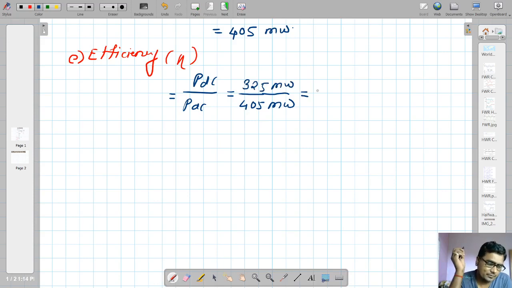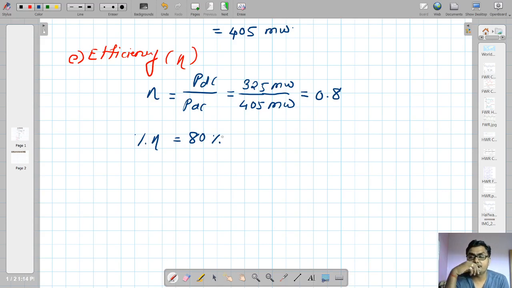So 325 divided by 405 milliwatt is around 0.8. If you want efficiency in percentage, then it will be 80%. Yes, efficiency is 80%. So this full wave rectifier is giving 80% efficiency, that's what I was asked to calculate.